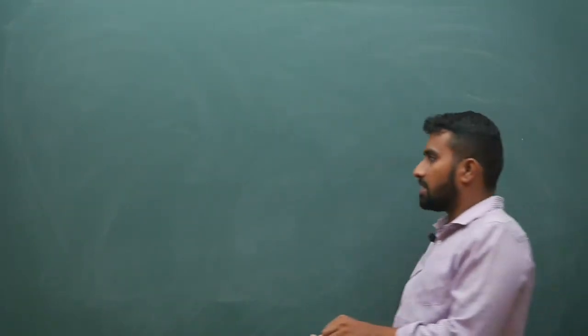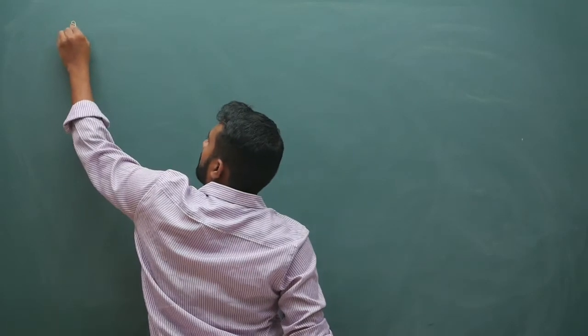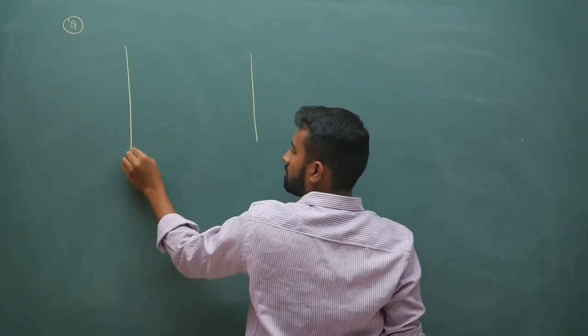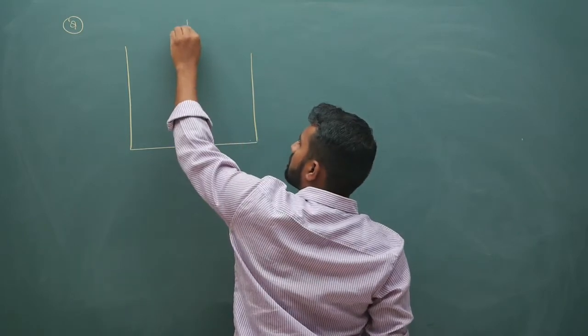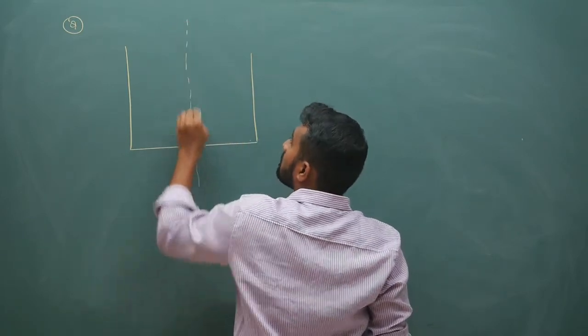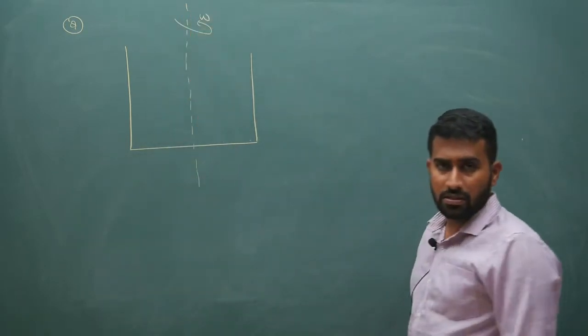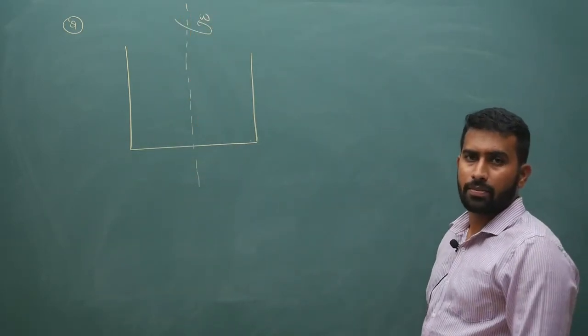The question is like this: you have a container with some angular velocity omega.